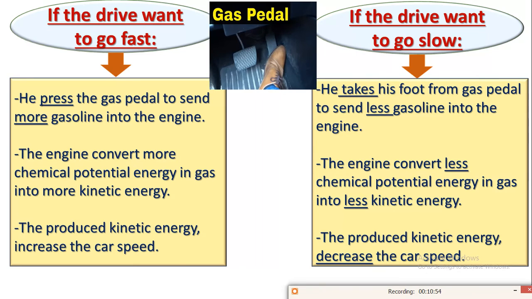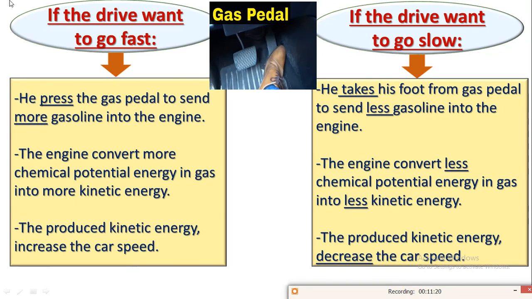So if you want to be fast, you should press the gas pedal. Pressing the gas pedal sends more gasoline to the engine and changes more chemical energy into more kinetic energy, so the speed will increase.